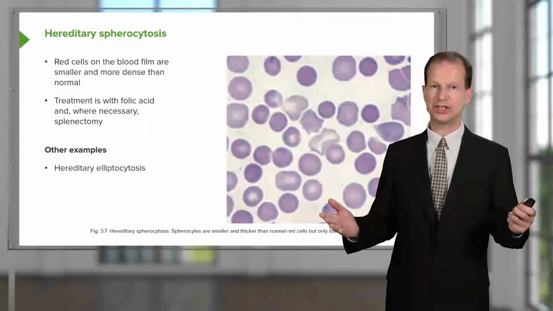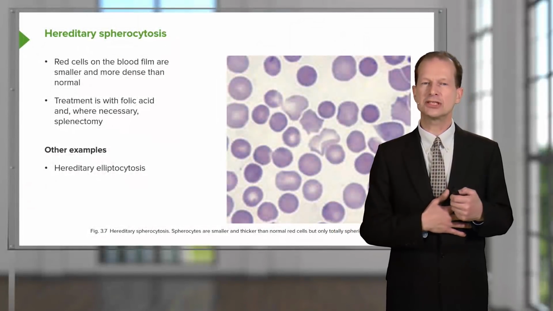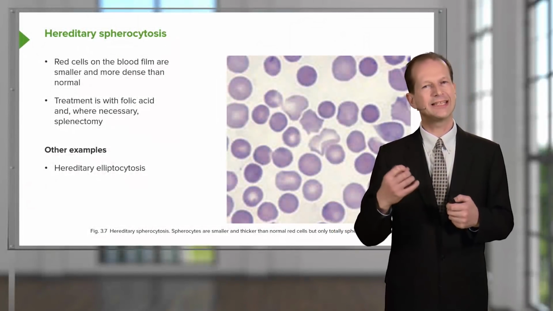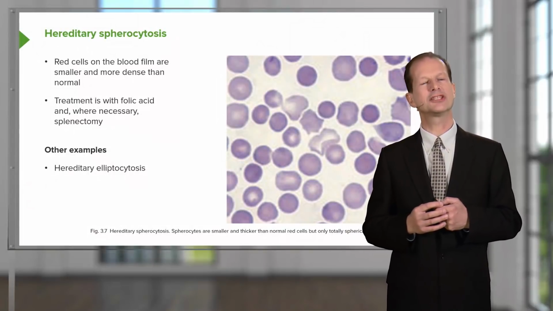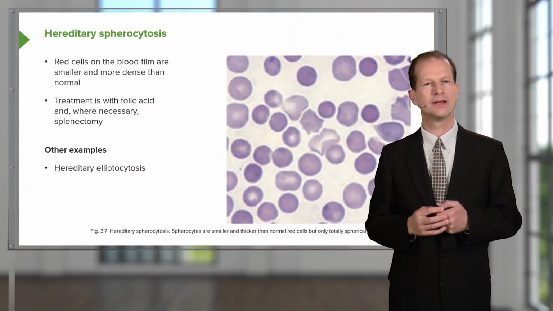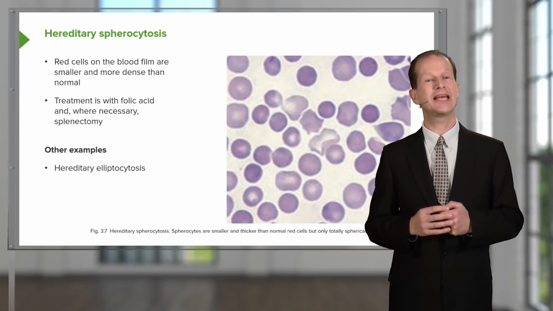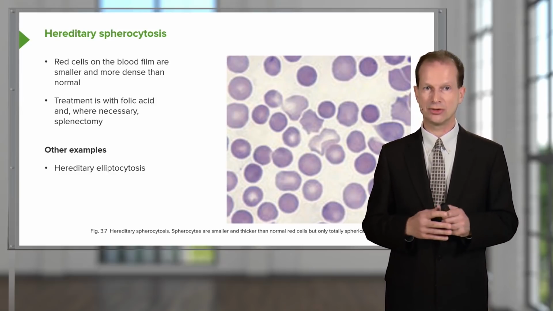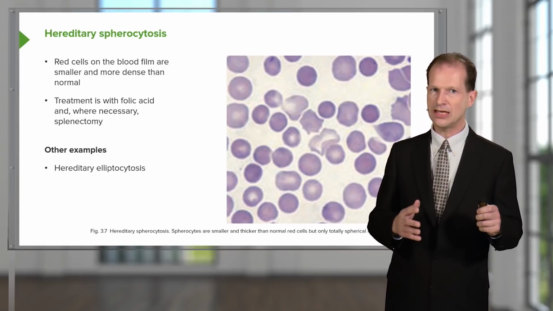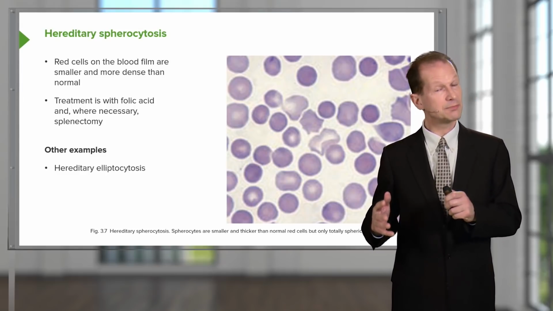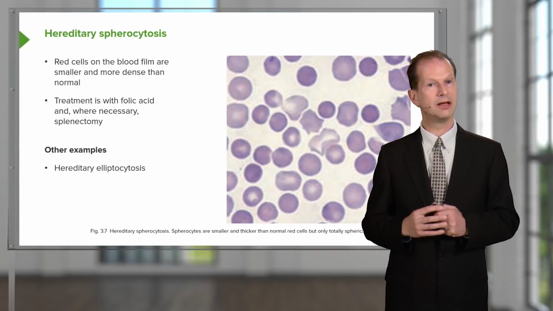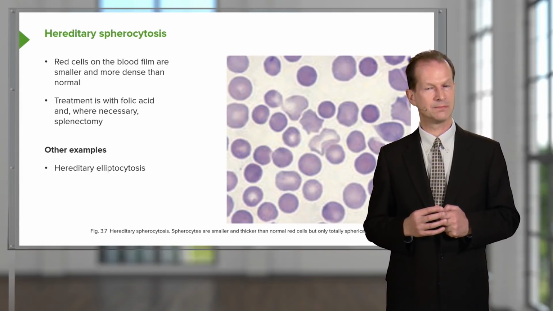It doesn't change the genetic defect, but it stops the spleen from taking out these slightly different spherical red cells. But we have to be careful because there are risks associated with taking out the spleen, particularly in children, and you have to balance the anemia against the slight but definite risk of infection following splenectomy.